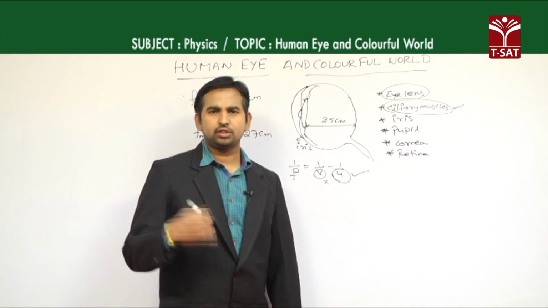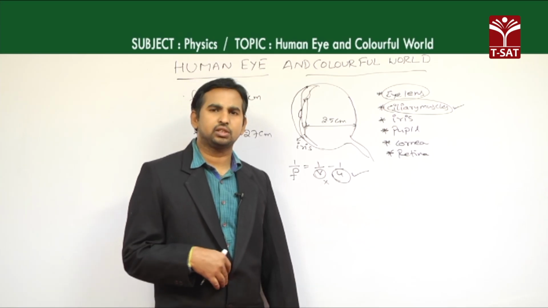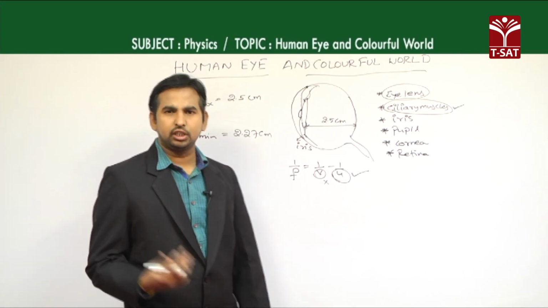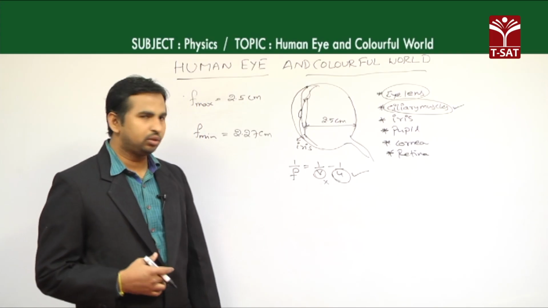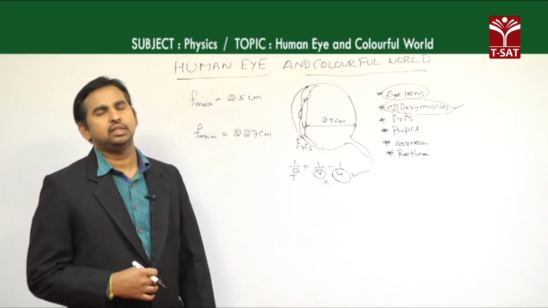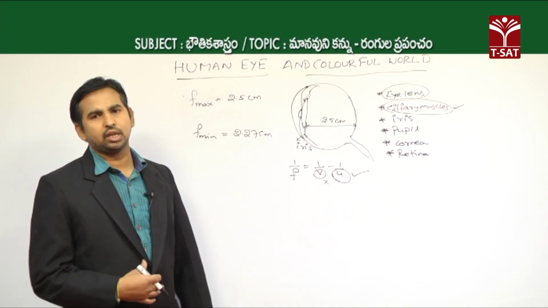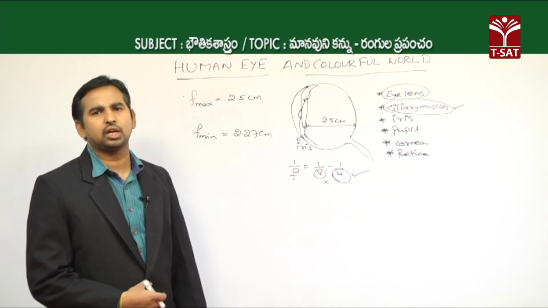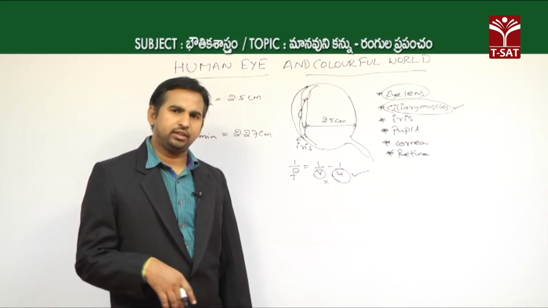But whenever you are seeing very near distant objects, we can see those near distant objects very clearly by using the ciliary muscles, so that it can adjust the focal length to its minimum value, which is around 2.27 centimeters. Okay. Now, the question on this also they will ask like this. Whenever you are seeing a very near distant object closer to your eye, then what is the focal length of the eye lens to be maintained?